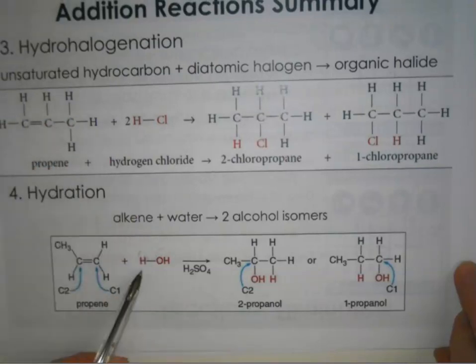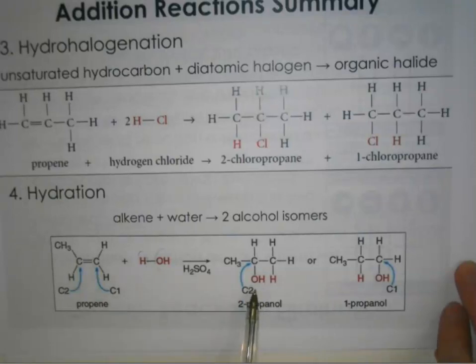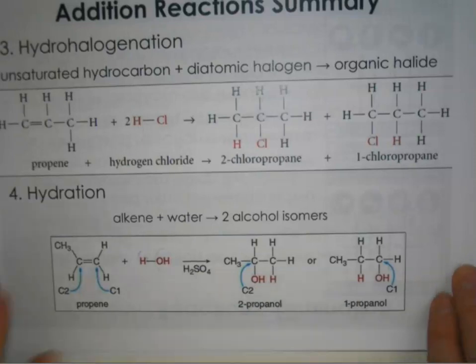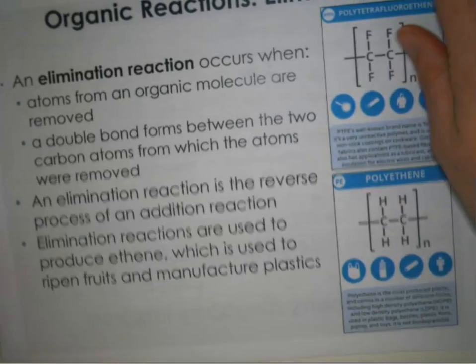Basically what happens is one hydrogen comes in and takes the place on one carbon, and the hydroxide comes in and takes the place on the other carbon, which leaves us with an alcohol. And for these types of reactions, always remember that there's two possibilities, because you could have the hydroxide on one or the other carbon. So just remember to make a note of the fact that two isomers are possible there.